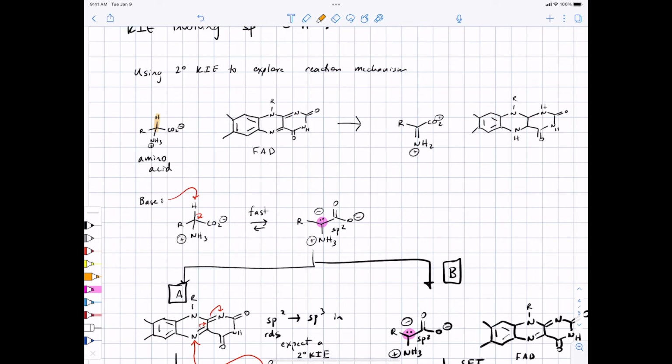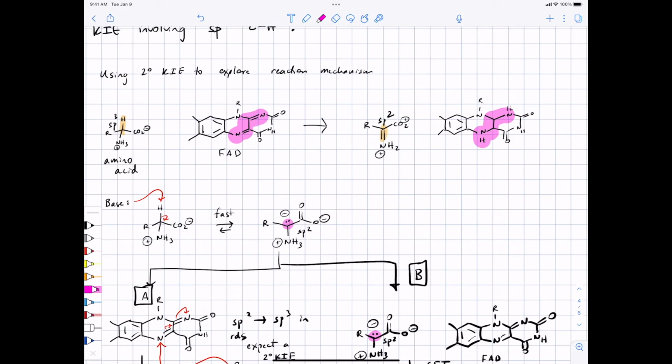This carbon-hydrogen bond changes and rehybridizes from sp3 to sp2. There are also some changes over here in this conjugated system. And though they didn't do the isotope experiments on FAD, they did transfer it to FAD, so I suppose you're going from something that didn't have a nitrogen-hydrogen bond to something that does.